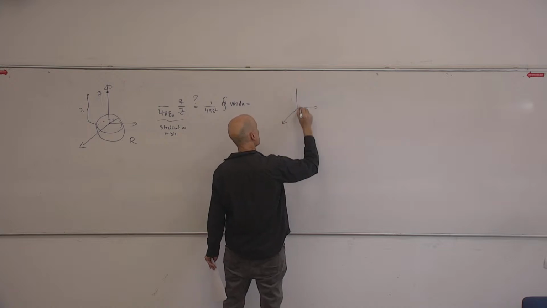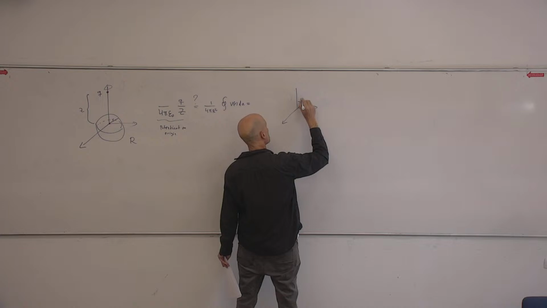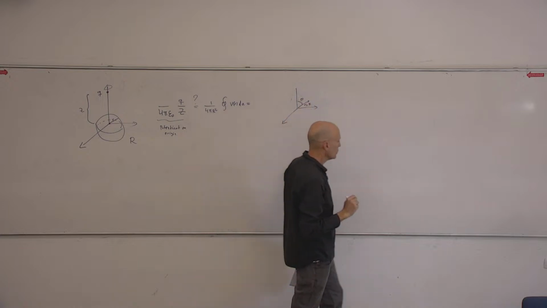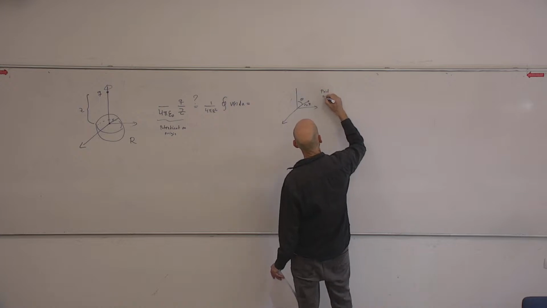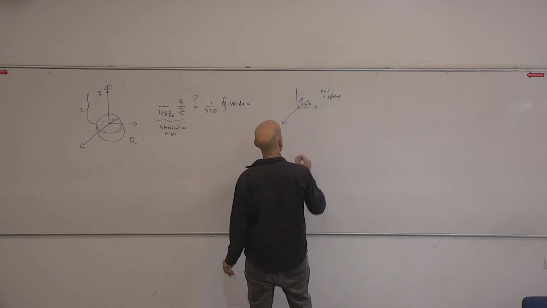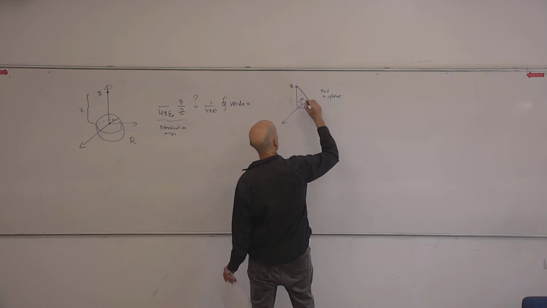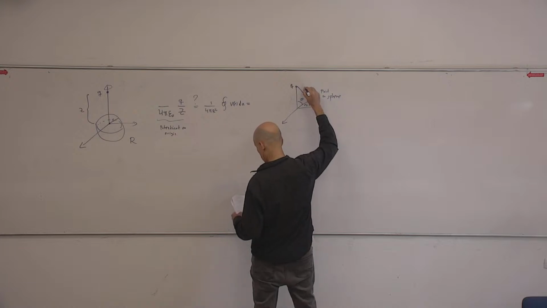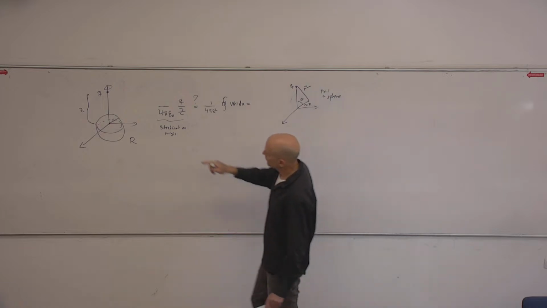This is a point on the sphere, so I have R, capital R, and I have theta as usual. I also have here the charge Q. This distance I'm going to call R tilde.